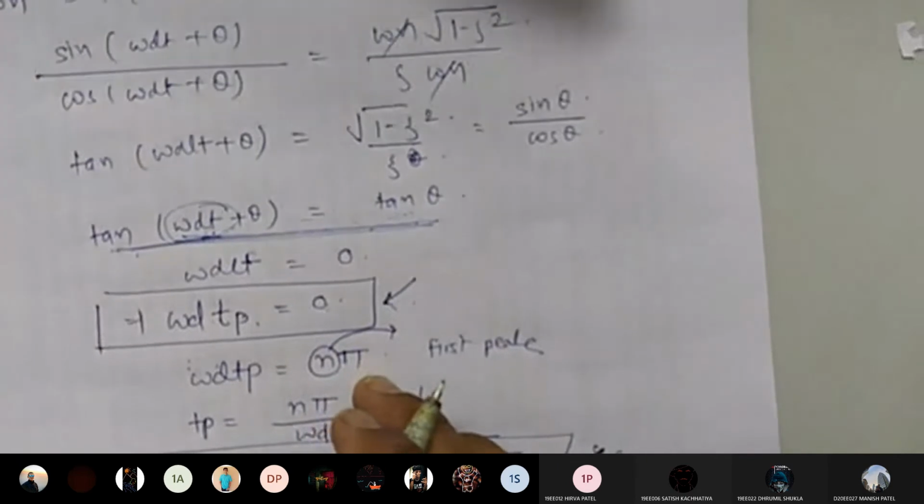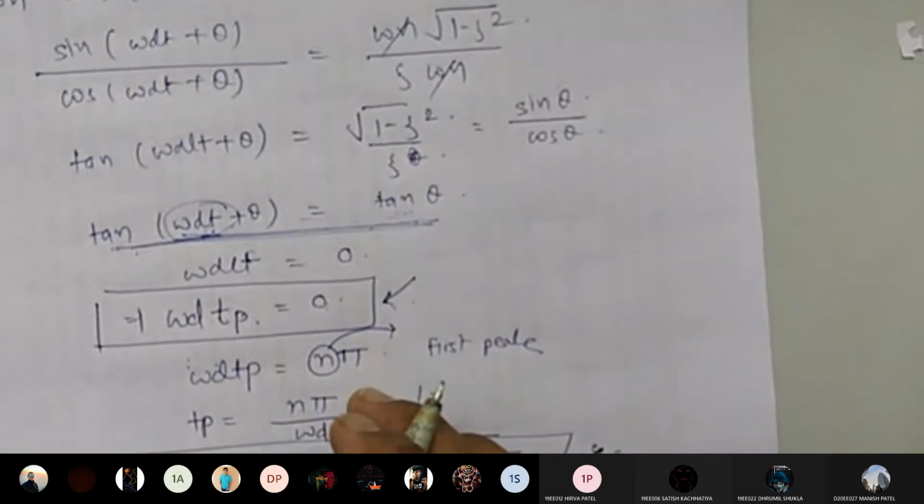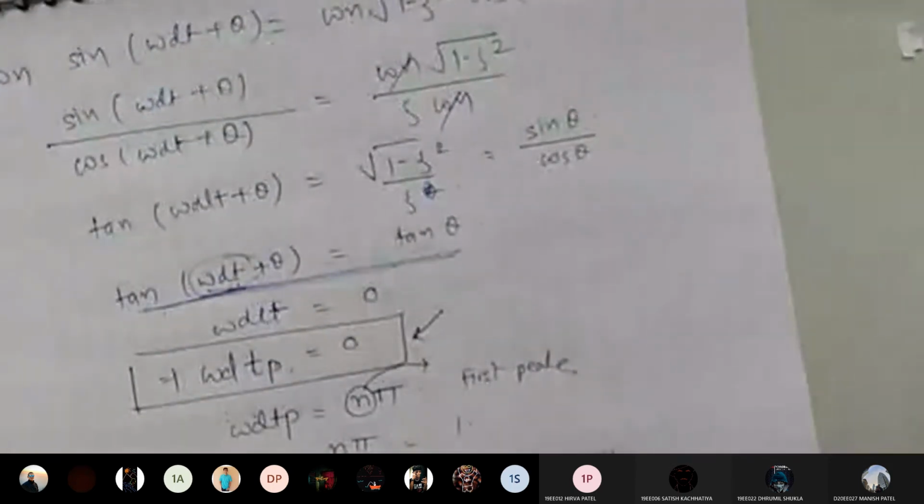Okay, this is the equation that we have written over here: Tp equals pi by omega d, which is pi upon omega n under root 1 minus zeta square.